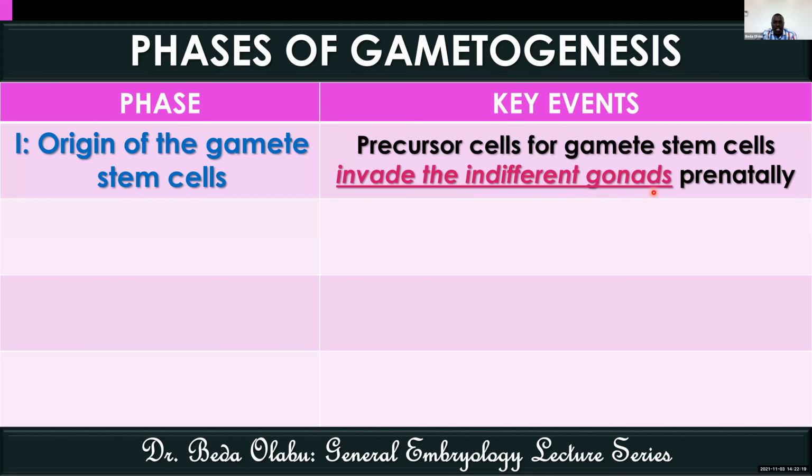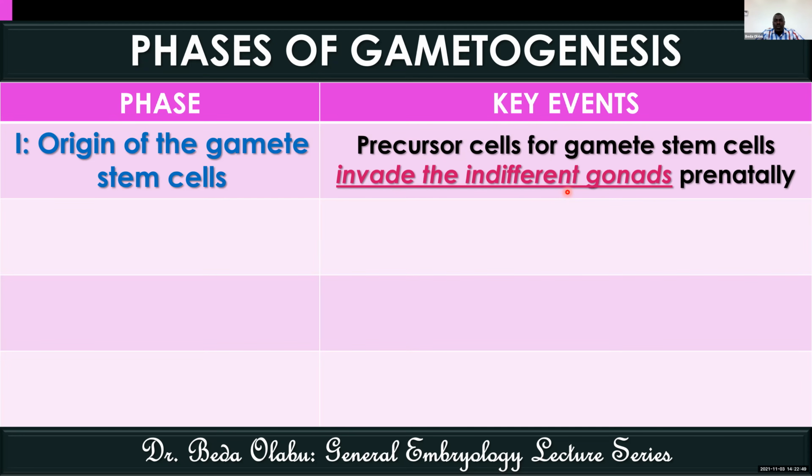The indifferent gonad is the primordium of the gonad, which means it is a structure that has the potential of either becoming the testis or the ovary. It is one baby. That structure is there, whether this baby will become a boy or a girl. It's a time of development when we don't know what the gonad will become.